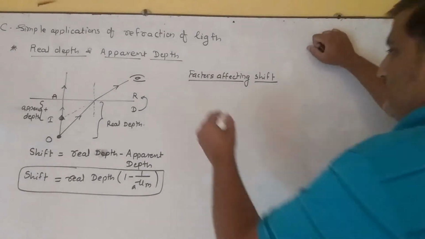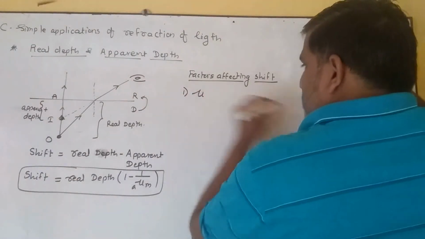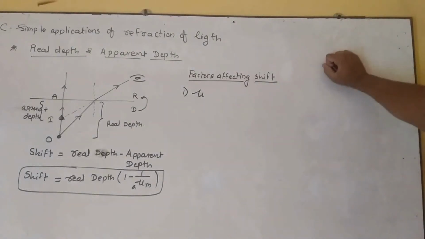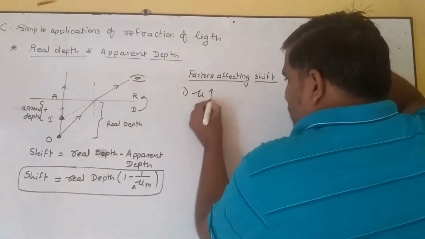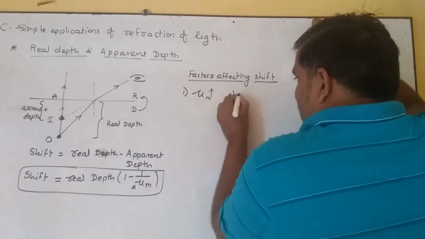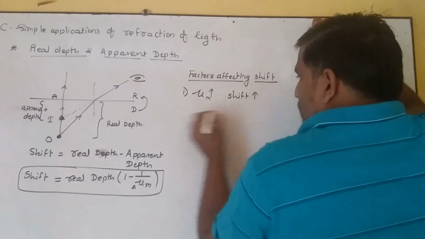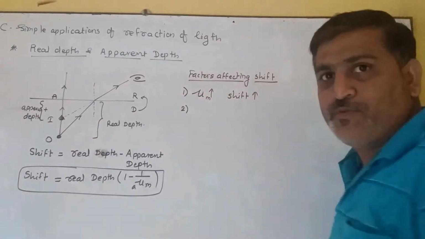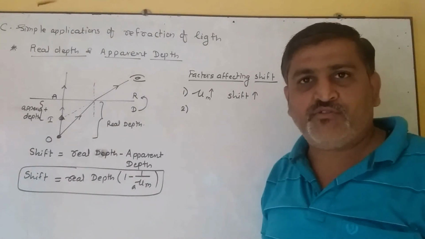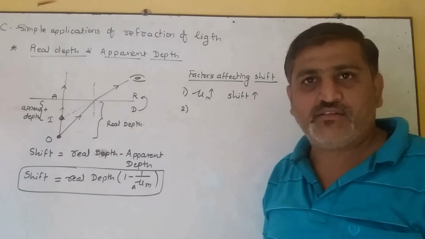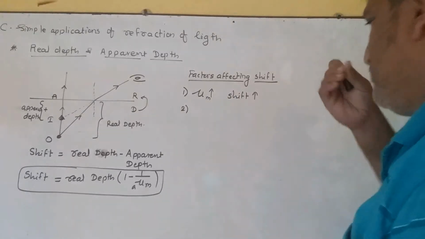So first, shift depends on the refractive index of the medium. As this refractive index of the medium increases, we find the shift also increases. So this is the first factor, refractive index of medium.